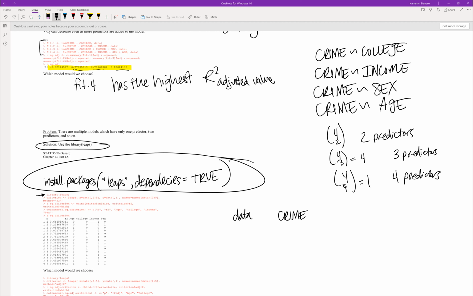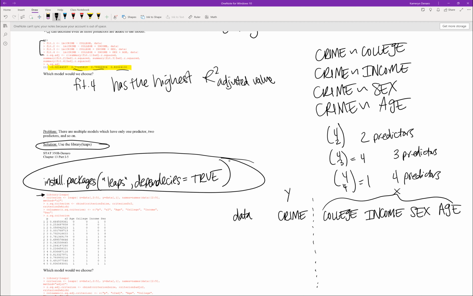And then we had college, income, sex, and age. So what I want to do is break this data set up into two pieces, where this is the Y value and all of these are the X values.